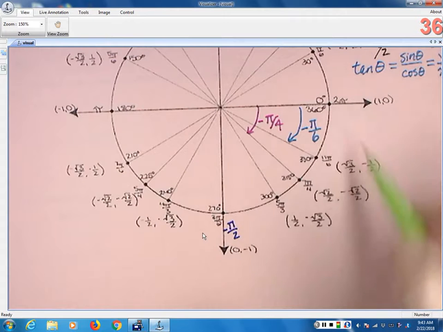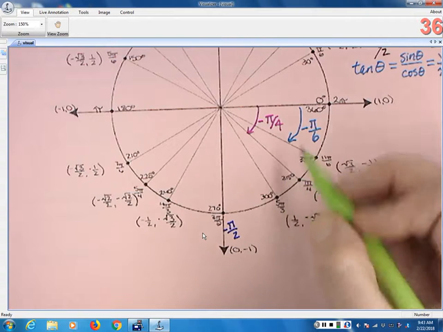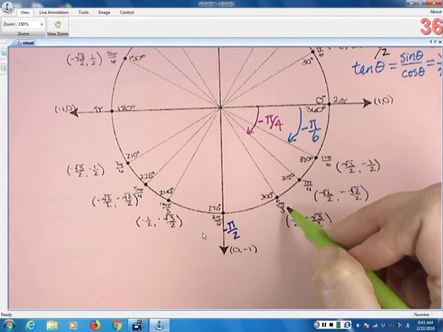So it helps to be able to do this in your head a little bit, but here it is. If you put this over that, you're going to get negative square root of 3. So it is negative 2 pi, negative pi over 3.